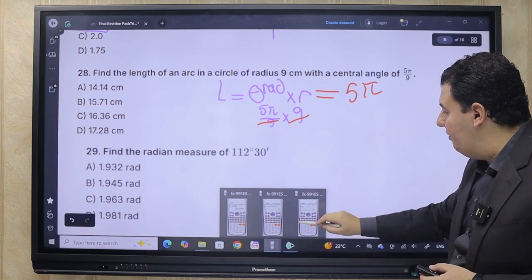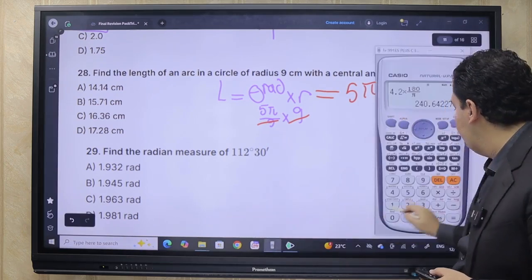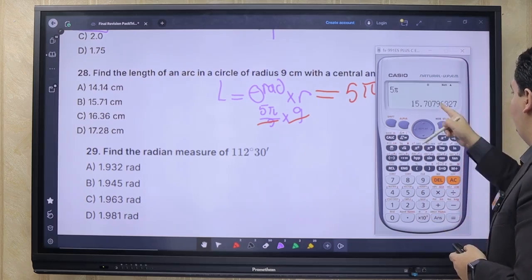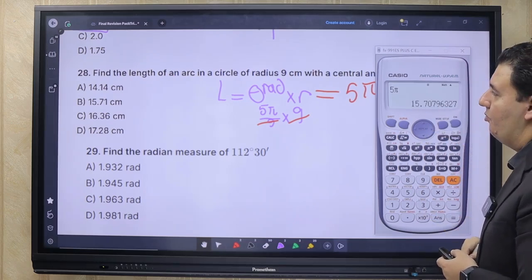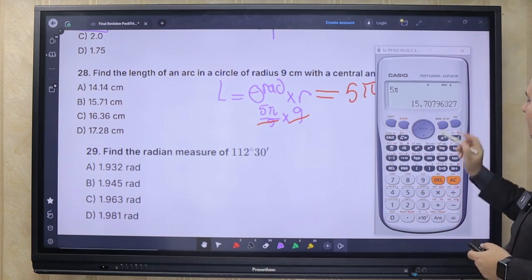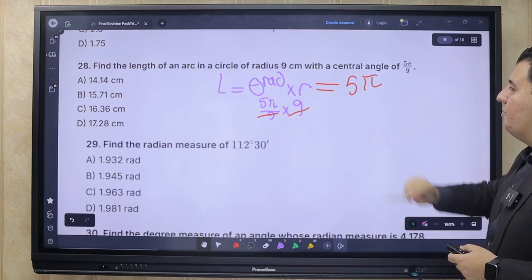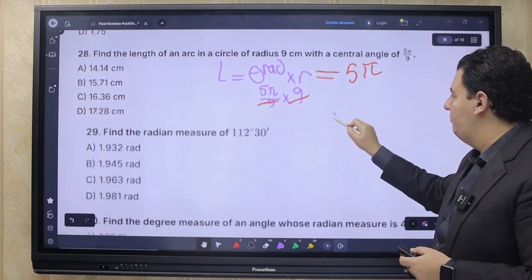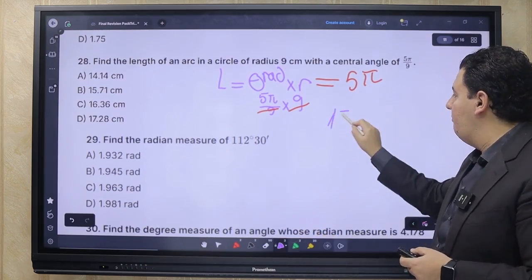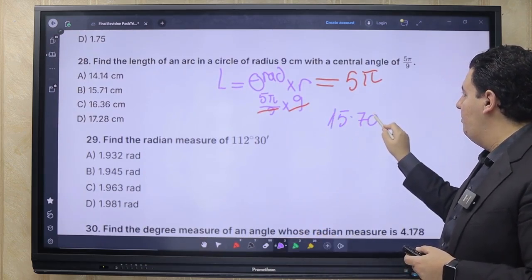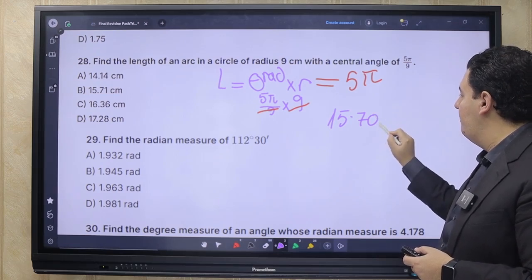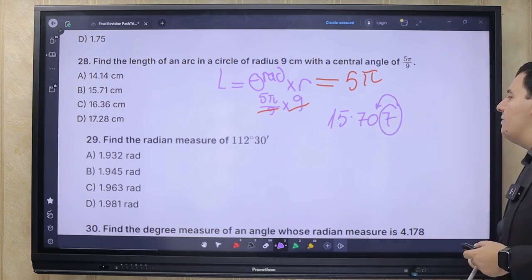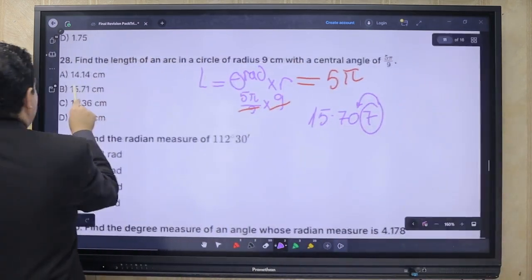Using the calculator, 5 pi equals, S to D, 15.707. We will round this, so it will be 15.71.